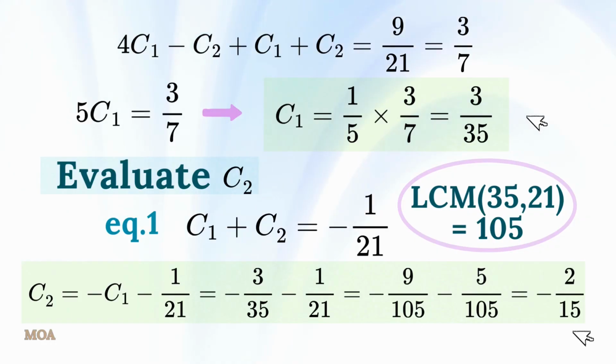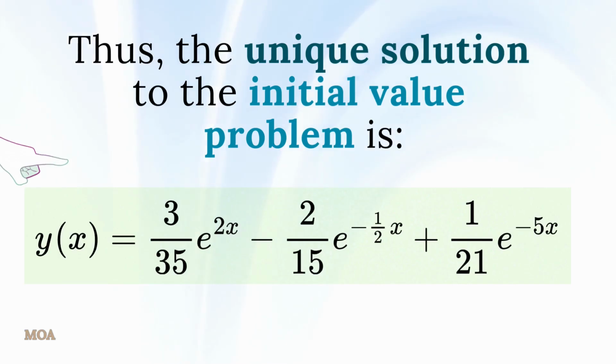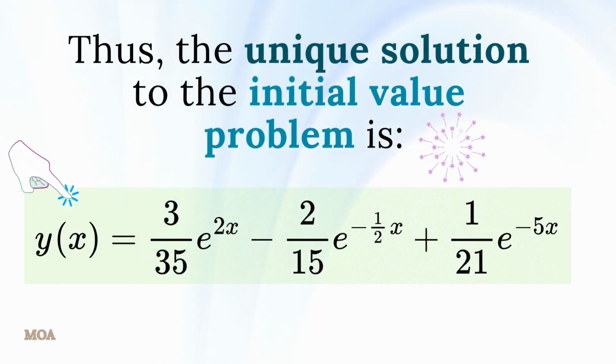Simplifying negative 14 over 105 by dividing numerator and denominator by 7 yields C sub 2 equals negative 2 over 15.